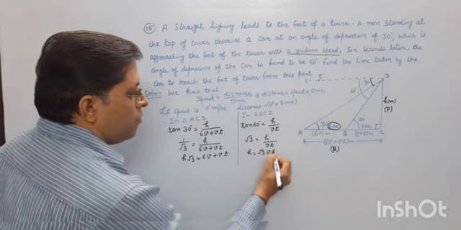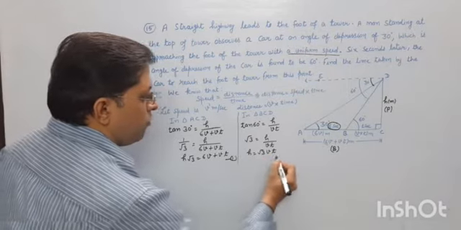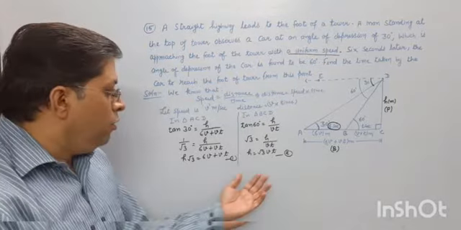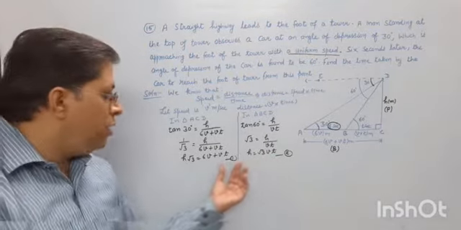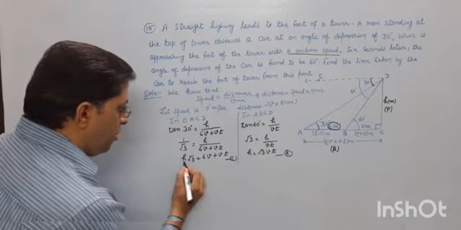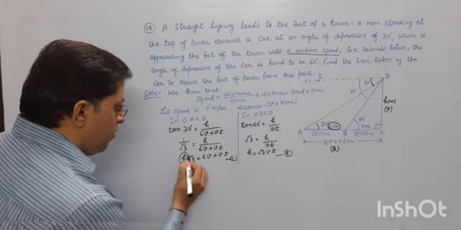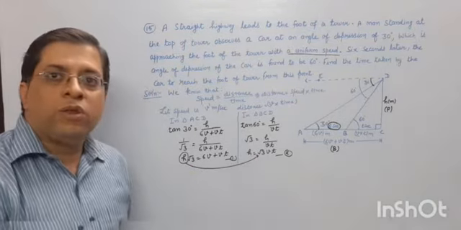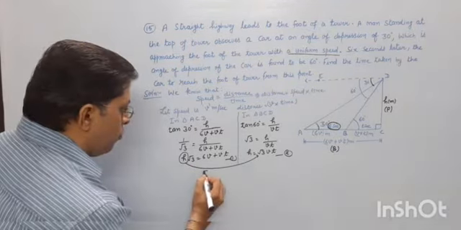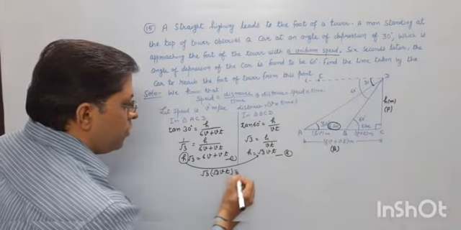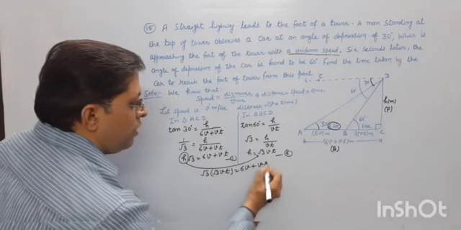Root 3 VT. This is equation 1 and equation number 2. You have to put the value of H in equation number 1. I am putting root 3 VT in place of H. So root 3 is already here, and root 3 VT is equal to 6V plus VT.